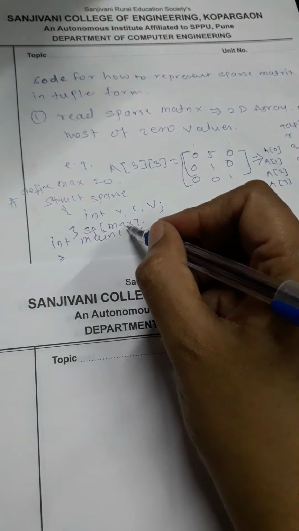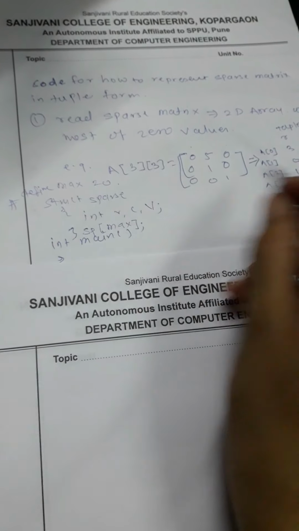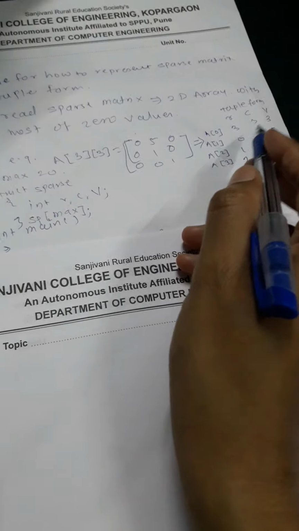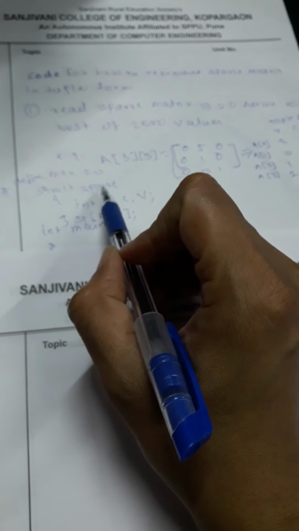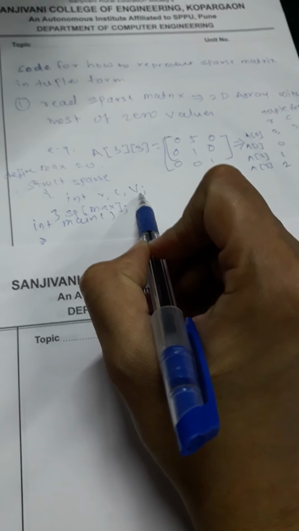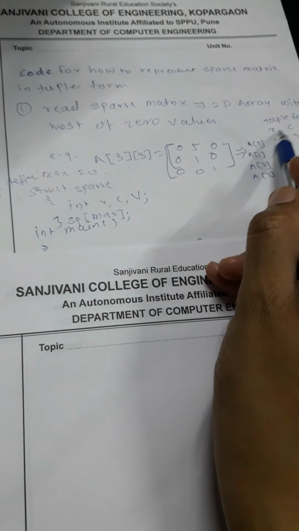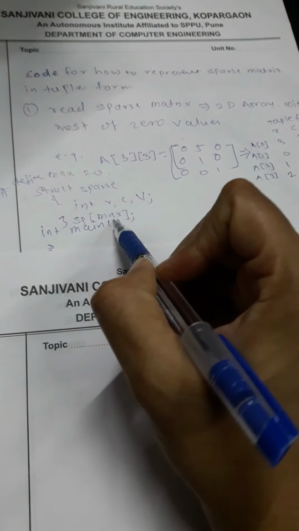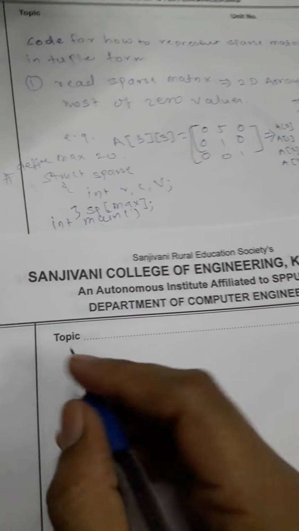So up to a maximum of 20 rows we can insert into this tuple form. So this is the structure sparse, which contains three values: row, column, and the actual non-zero value. And this is the maximum number of times we are taking it.